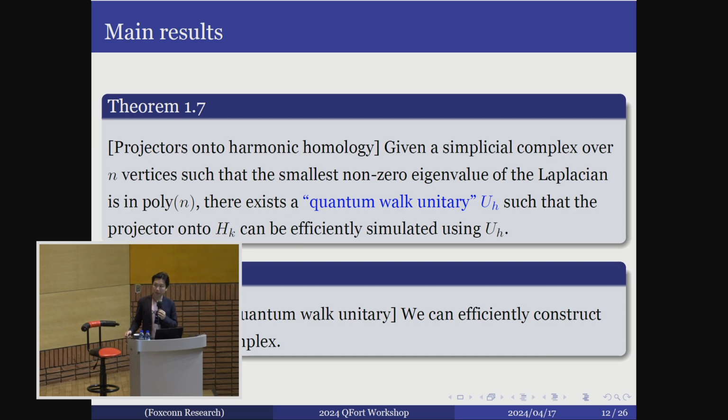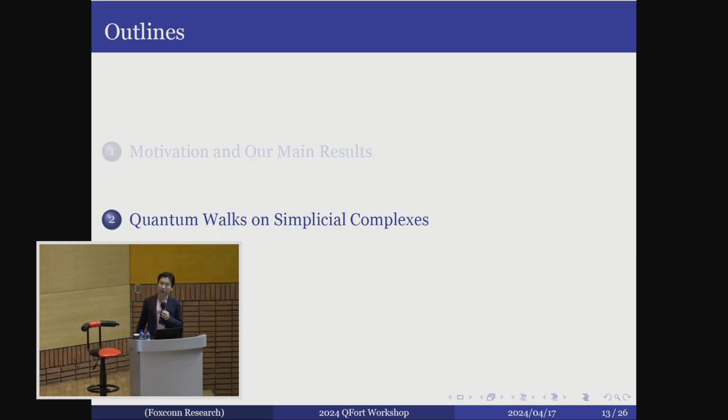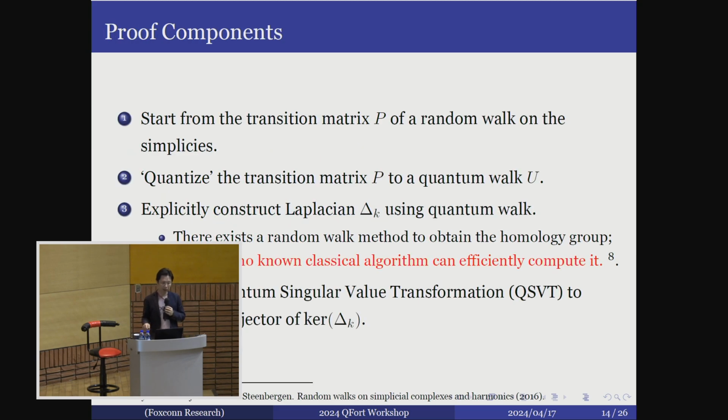I have another 10 minutes, so let me quickly go over the proof steps. Basically, the proof is not difficult. Given simplices, from that structure we can construct a random walk on it, right? And so we can construct a transition matrix on these simplices.